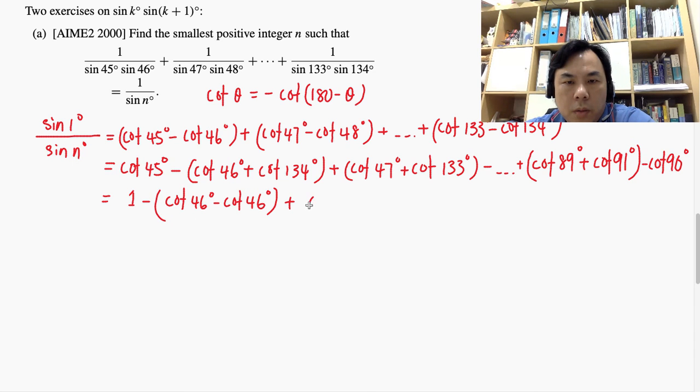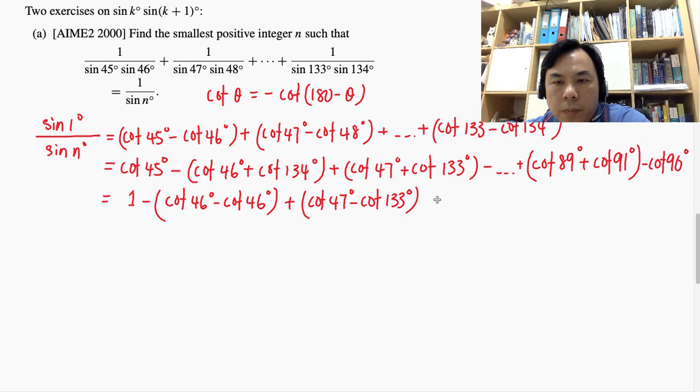Now the same goes for this 47. And then finally we have the same thing here, cotangent 89 and cotangent 89 also.